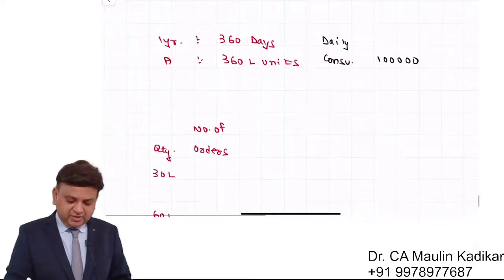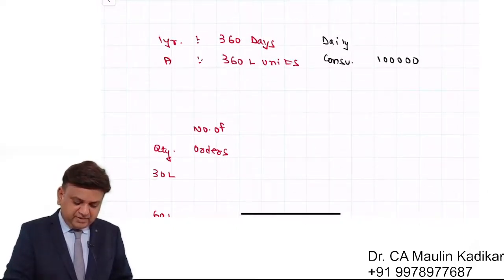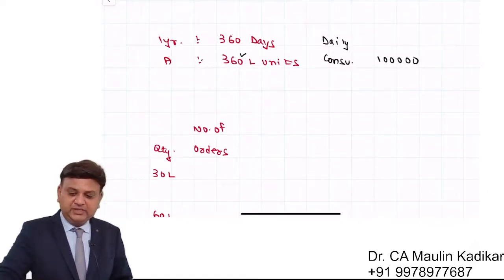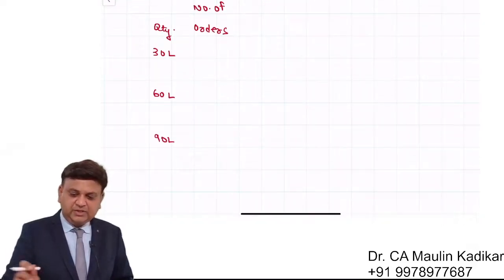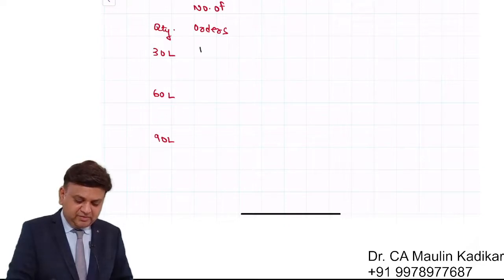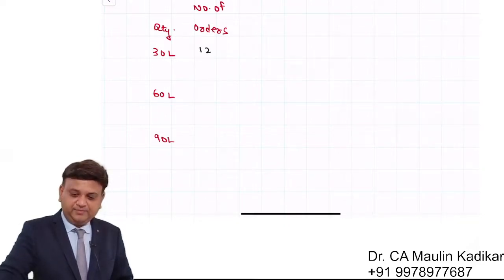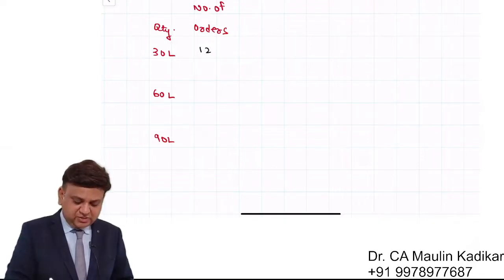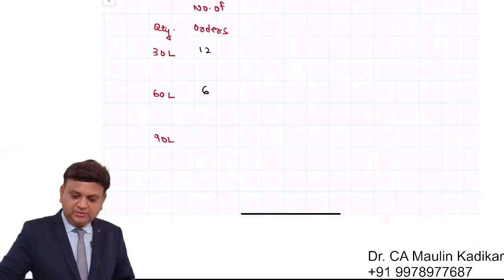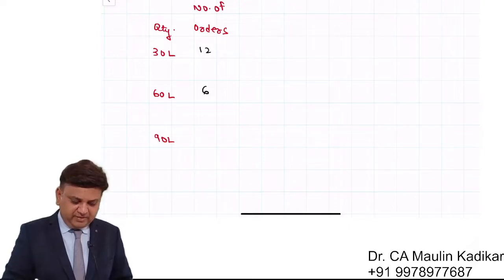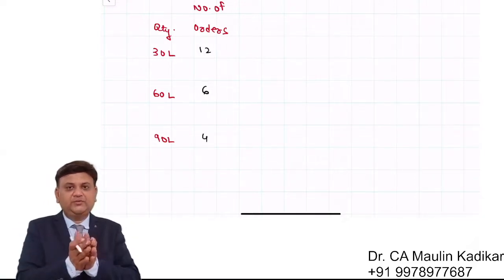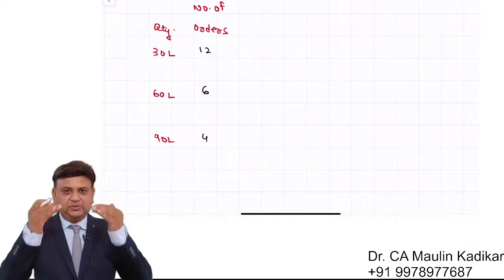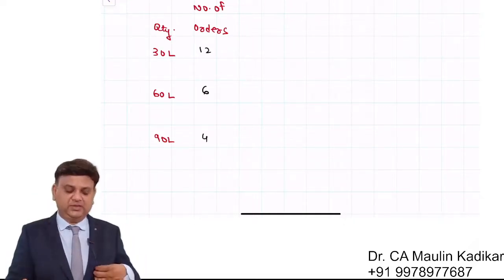See what I have written over here. We have an annual requirement of 360 lakh units. We place an order for 30 lakh units, then there will be 12 orders in a year. 360 upon 60, we will have 6 orders in a year. 360 upon 90, we will have 4 orders in a year. So if we place an order for more quantity, the number of orders will go down and vice versa.